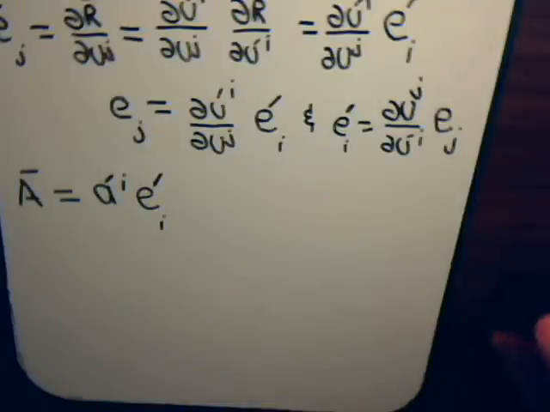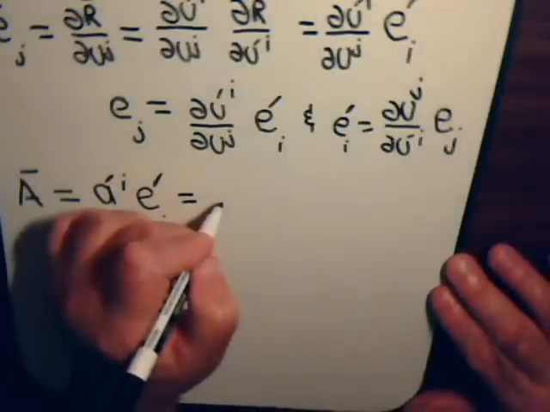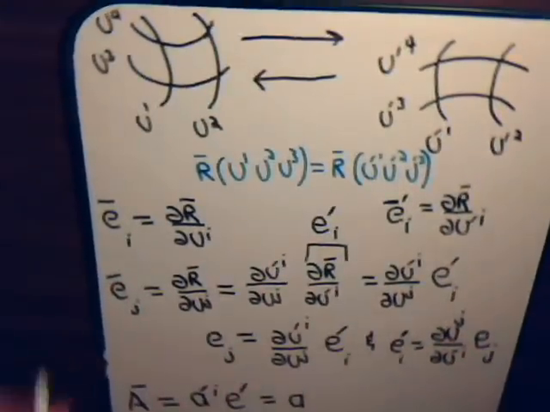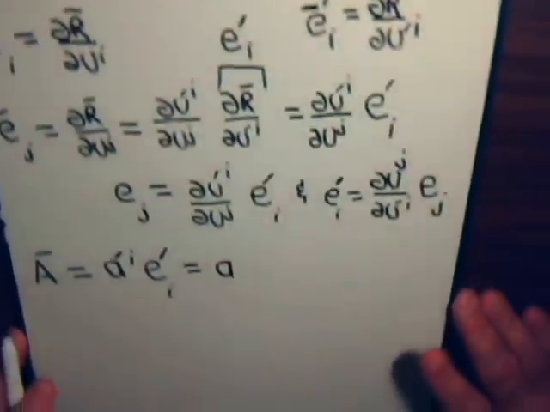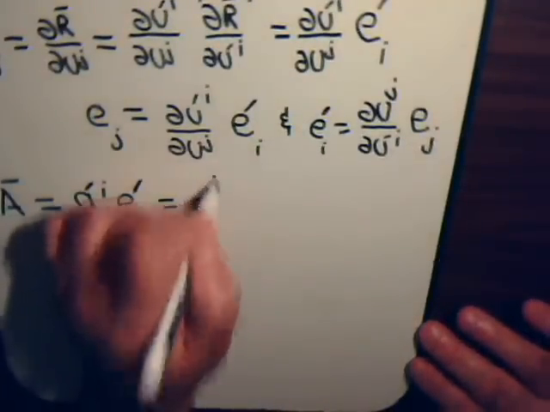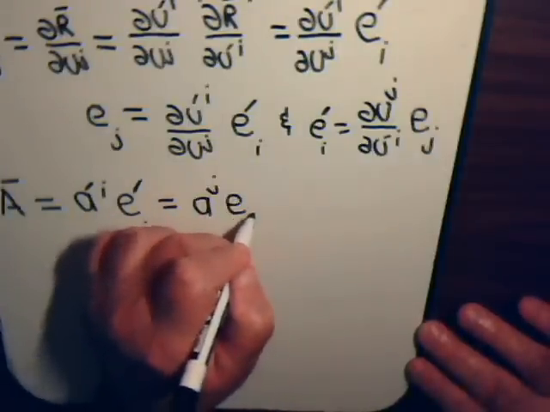But that same entity, we can also write in the u-coordinate system or the unprimed system. So that would be, let's say, a_j e_j.